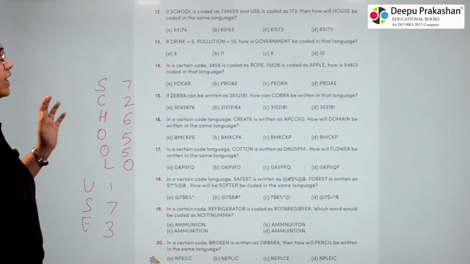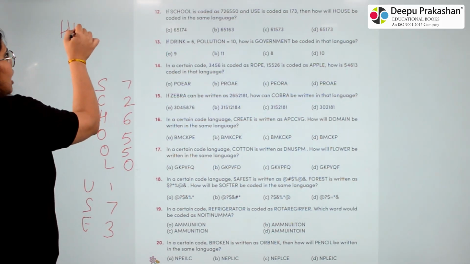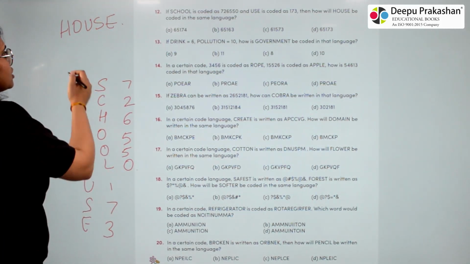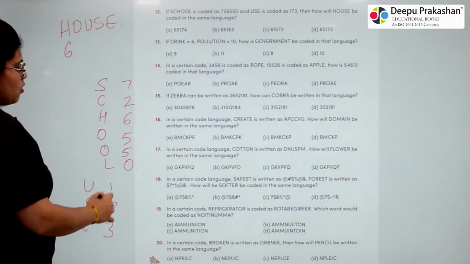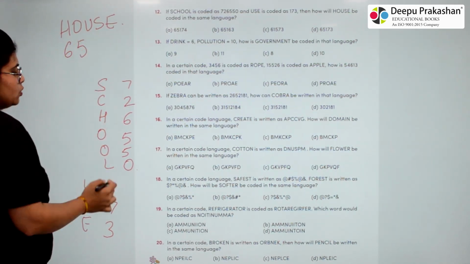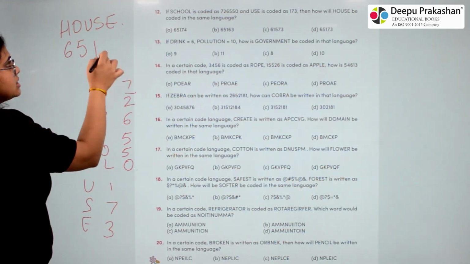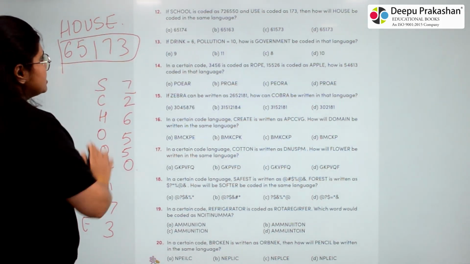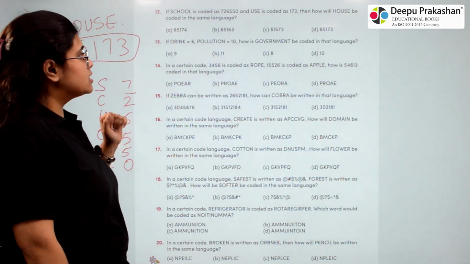So we have to find the code for the word house. Here H is 6, O is 5, U is 1, S is 7, and E is 3. So the code will be 65173.